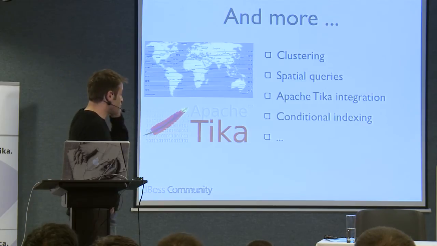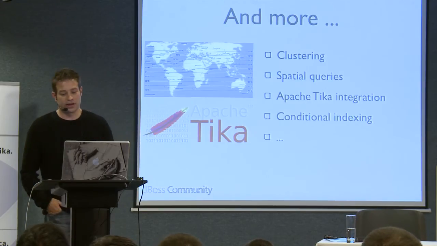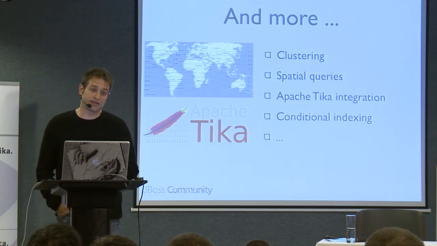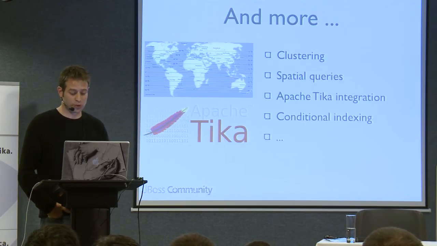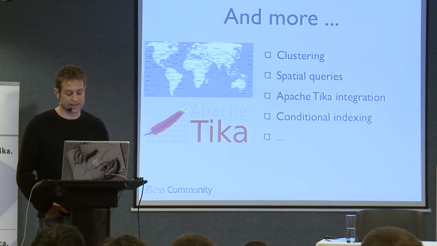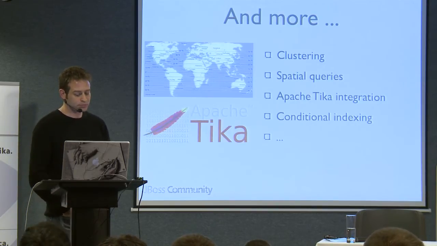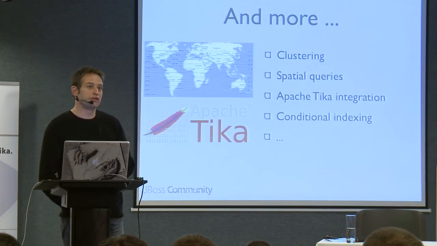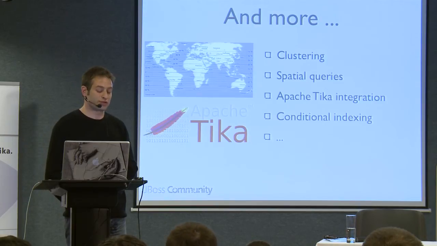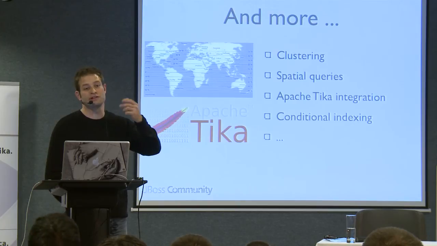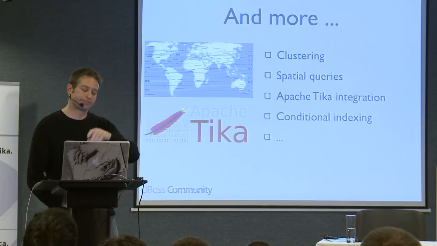And even more, I just touched on clustering. The latest release of Hibernate Search 4.2 has something called spatial queries, which allows you to do location-based search. So in your entities, you can, for example, have two fields, longitude and latitude, which are getting indexed.